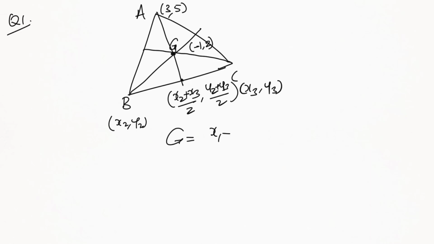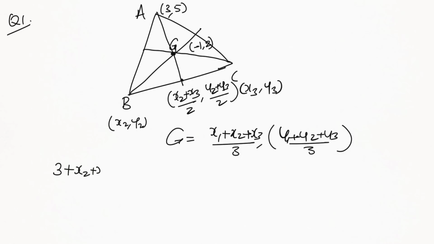We have to just apply the formula. x1 plus x2 plus x3 over 3, y1 plus y2 plus y3 over 3. x1 y1 is given, so that is 3 plus x2 plus x3 over 3. What is the x coordinate of the centroid? That is negative 1. So x2 plus x3 is what? Negative 3 and negative 3, negative 6.